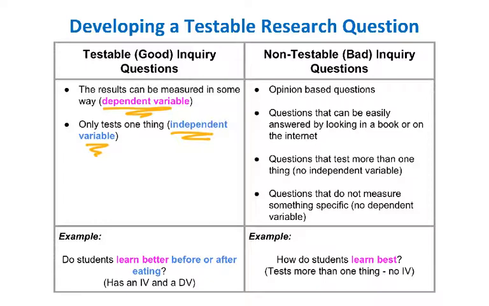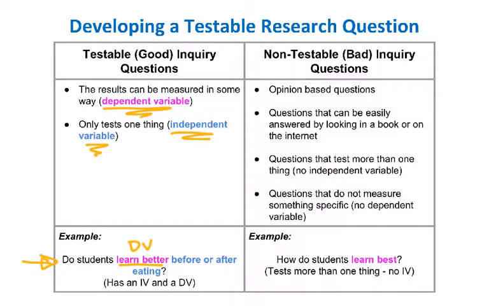An example would be this down here, okay? Do students learn better before or after eating? How well they learn would be our dependent variable, because that's what we're going to measure. Maybe we'll look at how well they do on a test or something, or the grade that they get in the class.